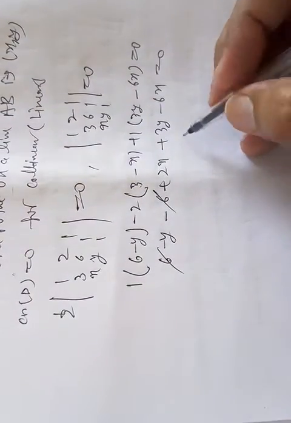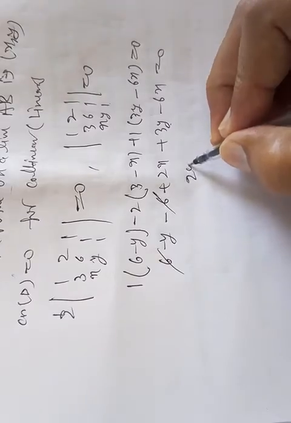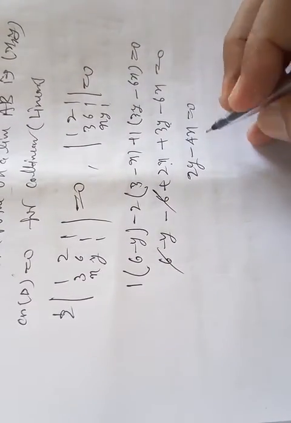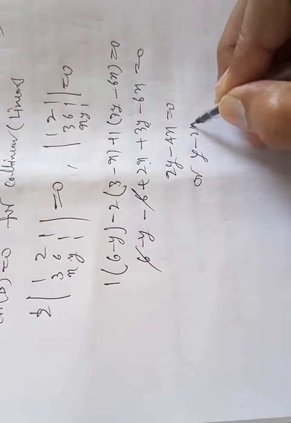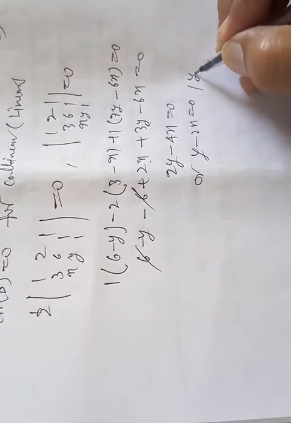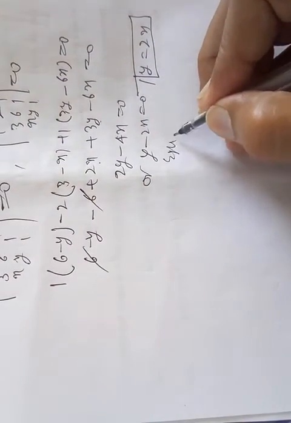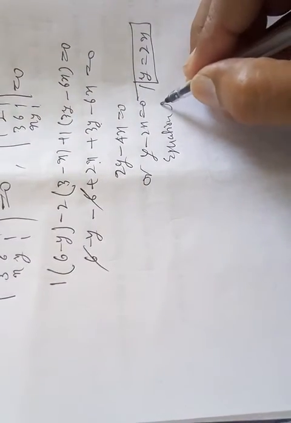The 6 cancels: 3y minus 2y, 2x minus 6x... so y minus 2x equals 0, or y equals 2x. This is the equation of the line.